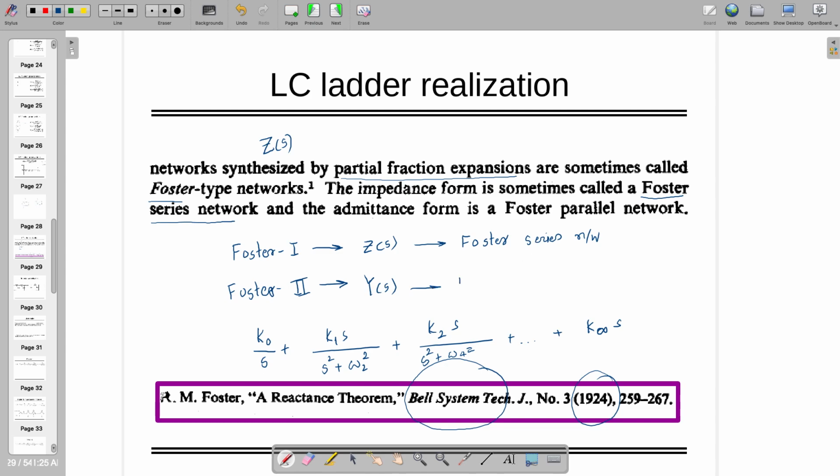So we are going to call that network the Foster parallel network. So both are synonyms. Some people write Foster 1 and Foster 2. Some people call it Foster series network and Foster parallel network. Some people also call it parallel shunt network. Right? So let's move further.